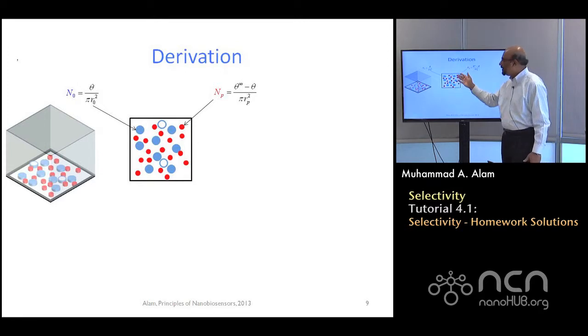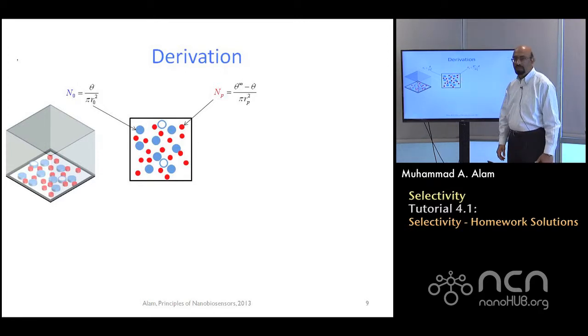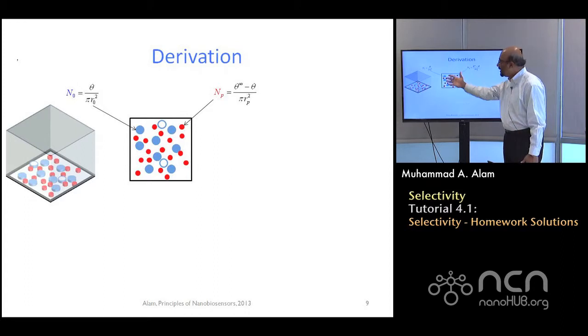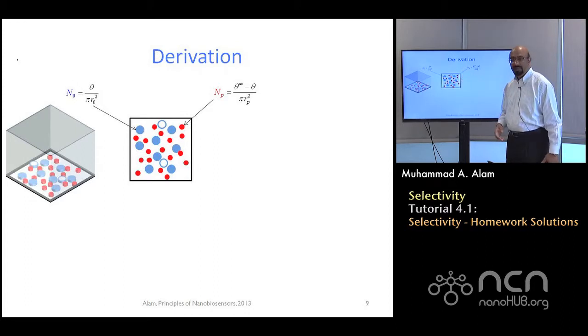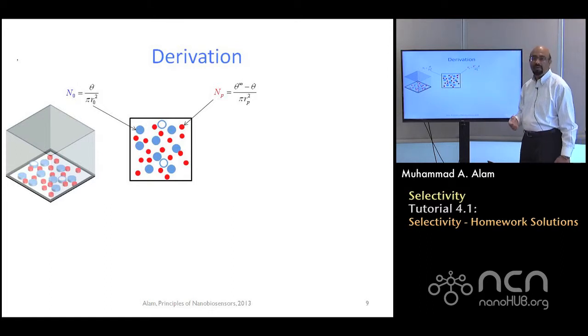The remaining place is now available for the biomolecules to sit. In that case, it will be theta infinity. What is theta infinity? Theta infinity is the fraction of area that will be covered by this molecule when the entire surface is covered, and in this case you know that answer is 0.54.